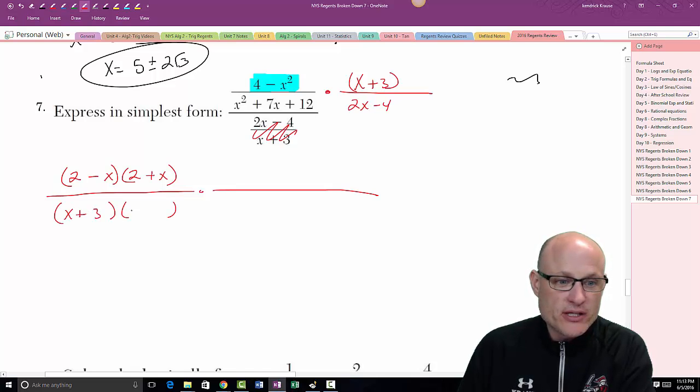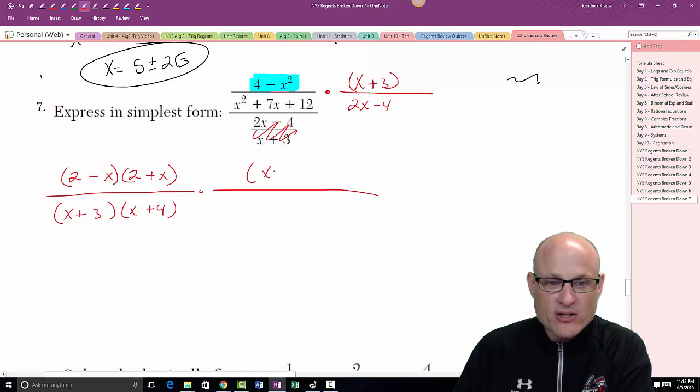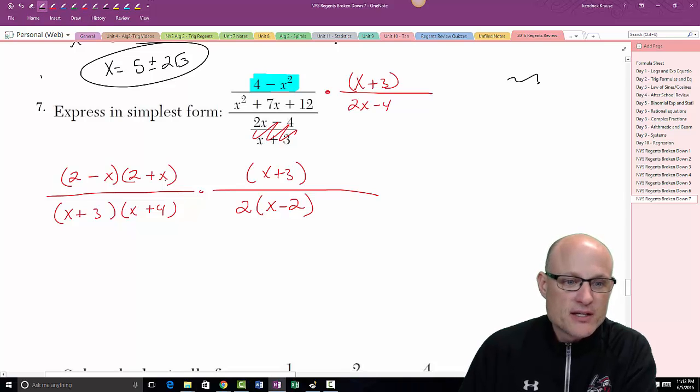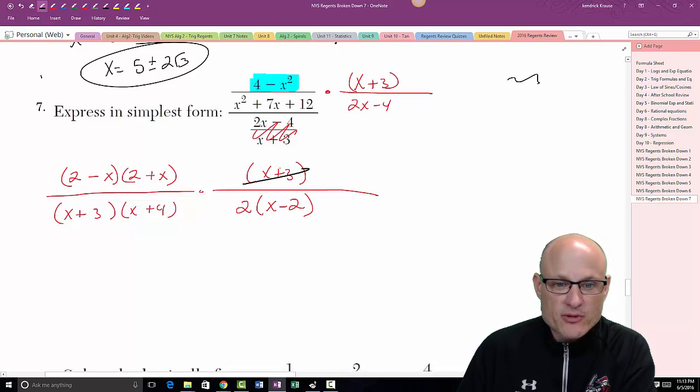X plus 3, x plus 4. We factor the denominator. This one's just x plus 3. And this one I can take out a 2, and I'm left with x minus 2. All right, so let's see what cancels. This x plus 3 cancels with this x plus 3.